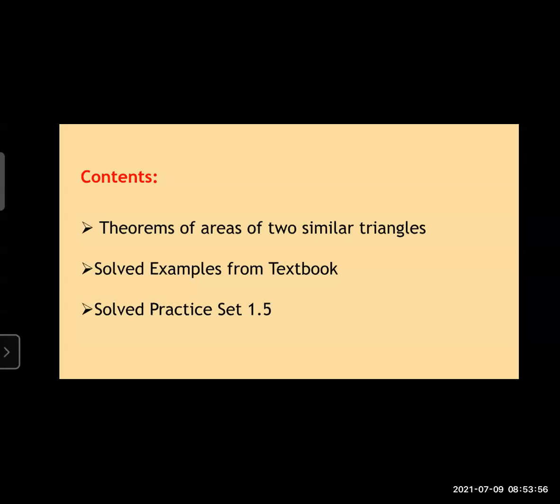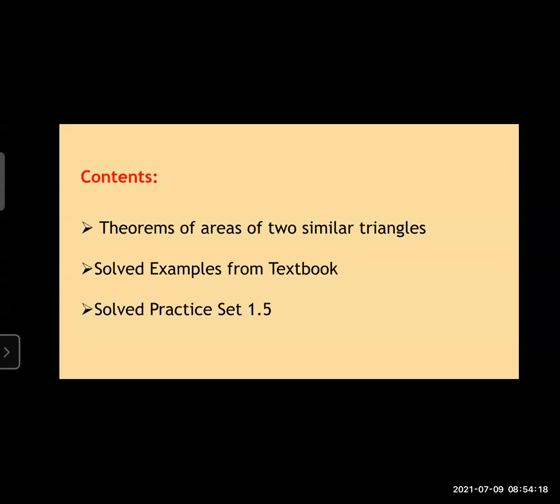There are three tests of similarity, and then we solved practice set 1.4 in yesterday's lecture. Today we see the theorem of area of two similar triangles, and then we solve an example from your textbook, and then we see practice set 1.5.